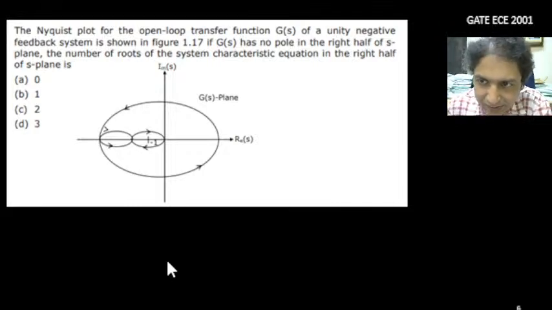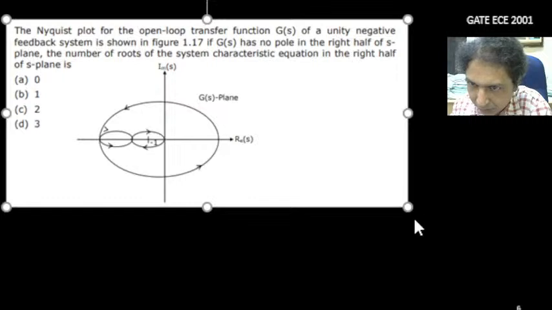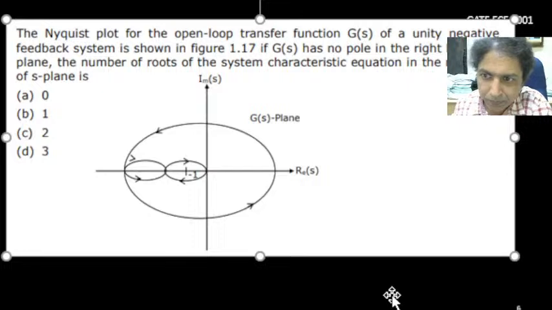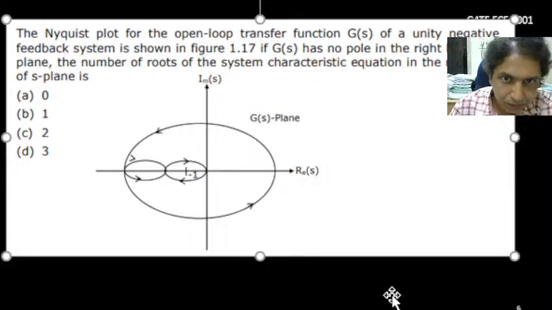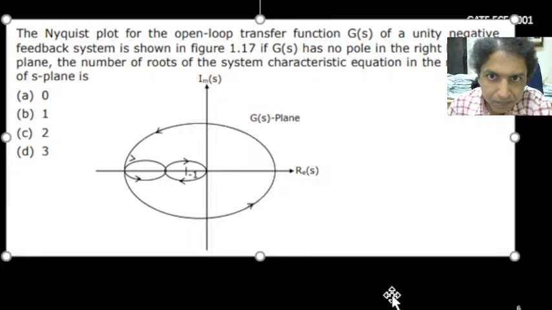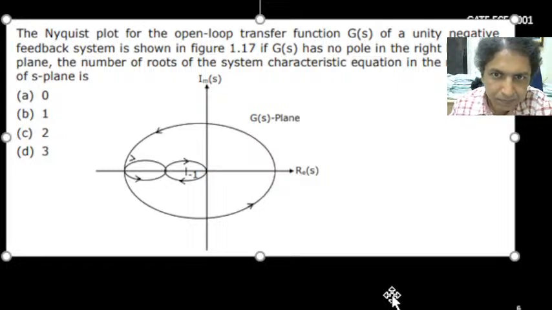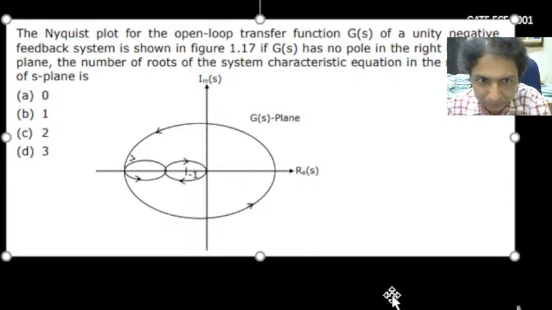So this is the first problem. Can you solve this one? I will go for figure 1. Can you solve this problem? Anybody? Can you try?